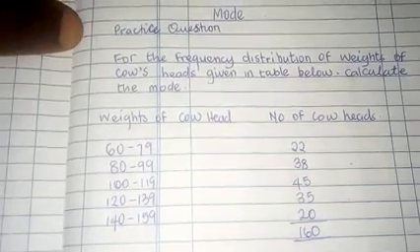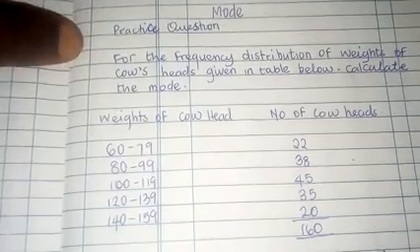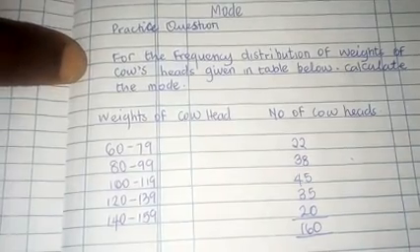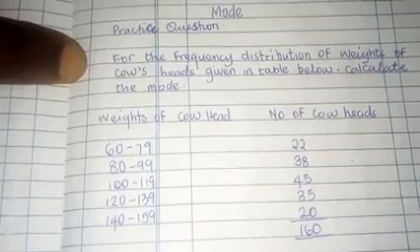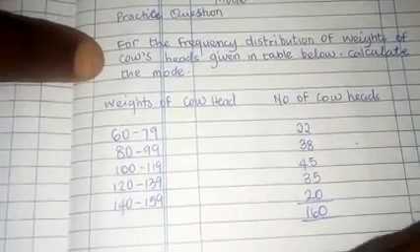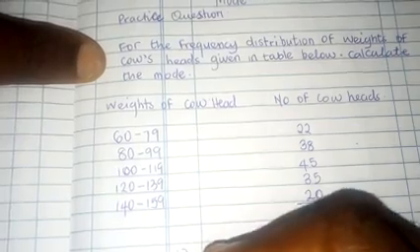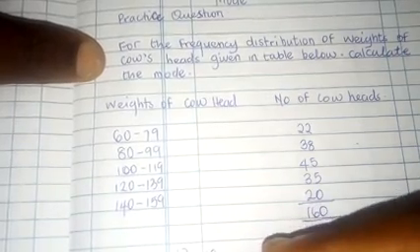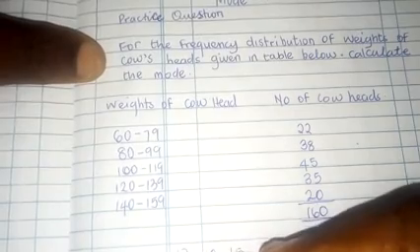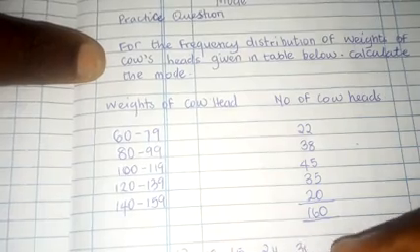When you look at this question, this is a group frequency distribution. But before we solve it, let me give you the concept of a mode. Take, for example, this data: 12, 10, 15, 24, and 30.